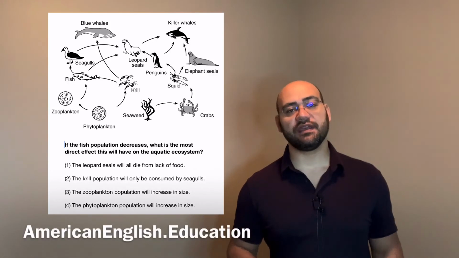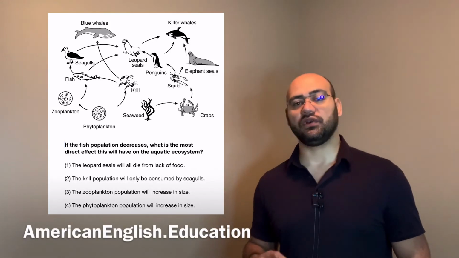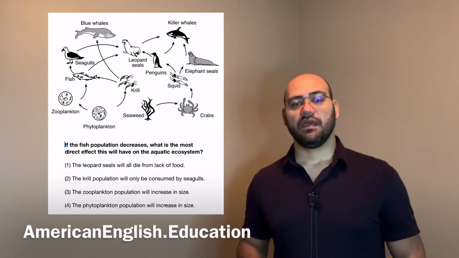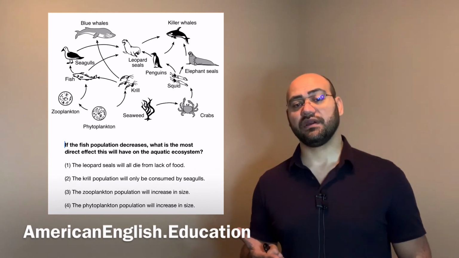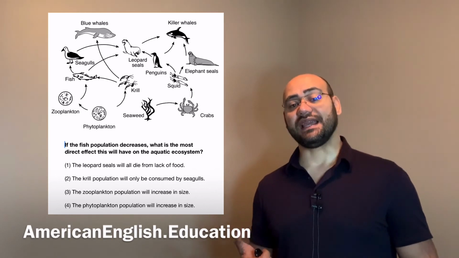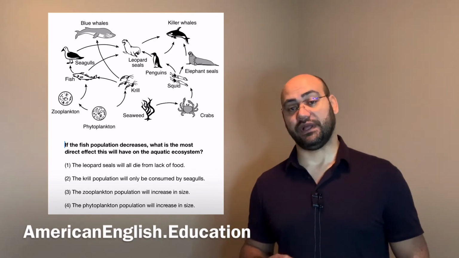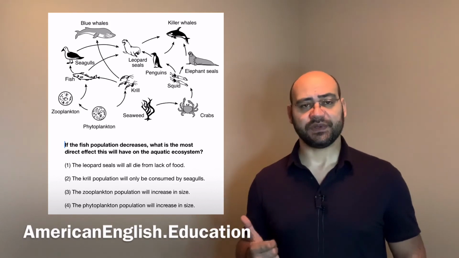In this case, we're given a food web that shows certain animals as source of food for other animals. For example, fish we see here looks like it feeds on zooplankton as well as krill. And that is the central theme here with this particular question.